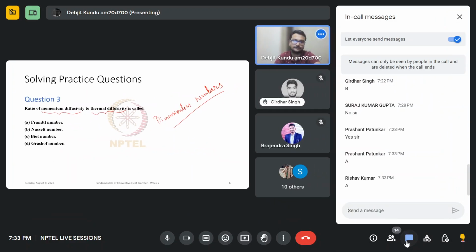Let's see, we have two answers in favor of option A, Prandtl number. No need to hurry. Read the question carefully, and once you have figured out the solution, you can type in the chat box. Okay, another response in favor of option A. Option A seems to be the popular option this time.